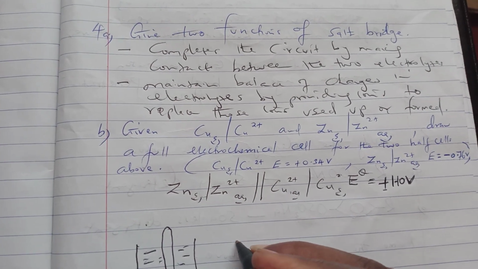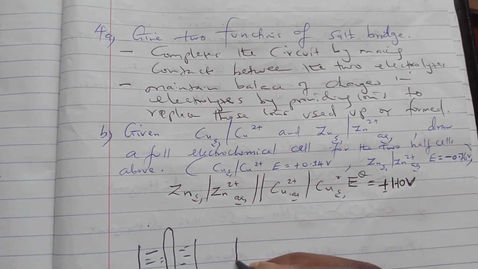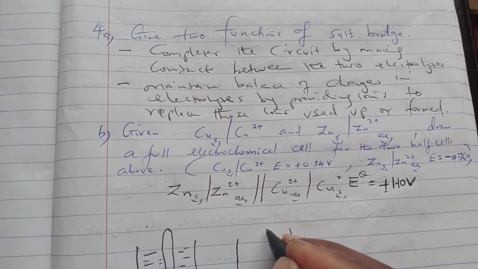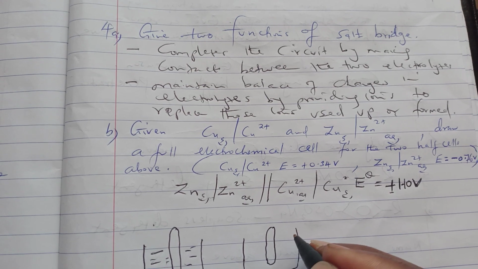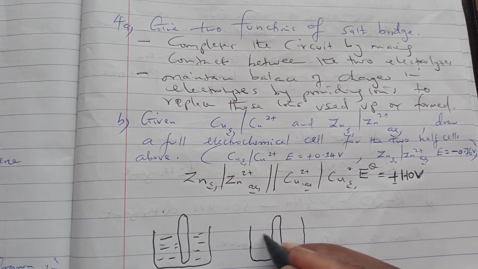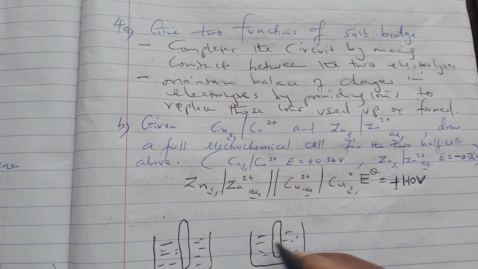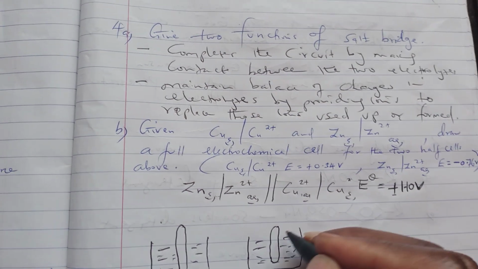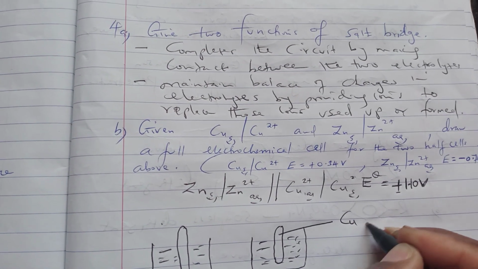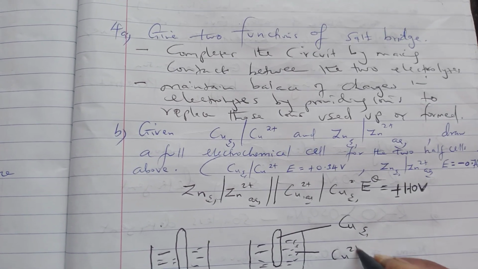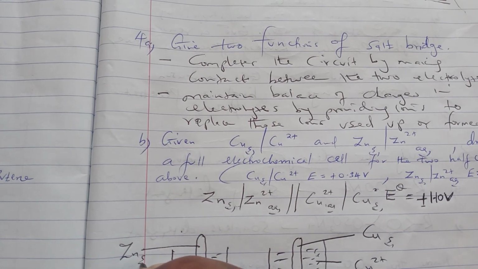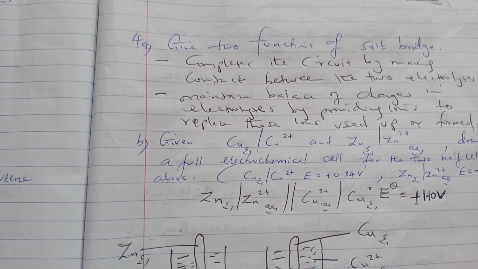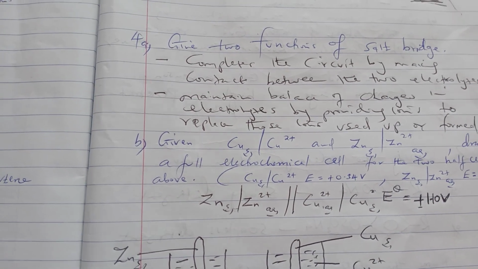And then for copper, I draw another beaker on this side, and take a copper rod, which is dipped in a solution of copper ions, and I immediately label it. This one is copper solid, this one is copper 2 ions, this one is zinc solid, and this one is zinc 2 ions.